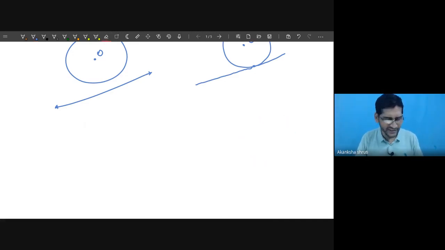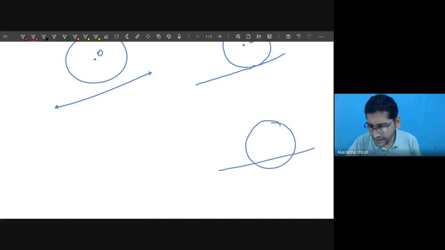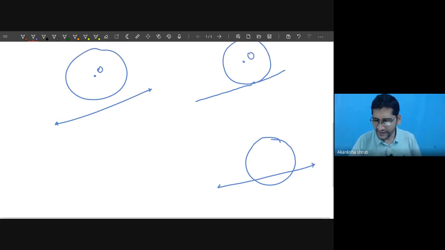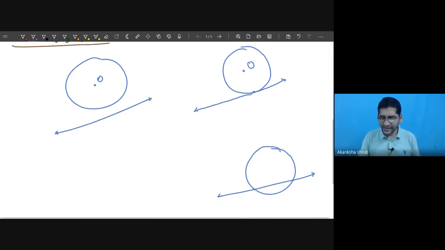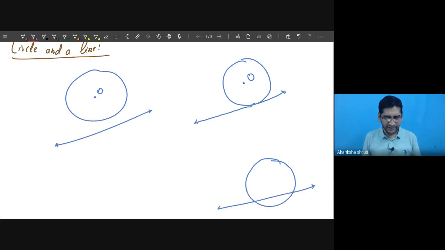Then what will be the maximum number of points where a line can touch a circle? It can be 2 only. If this is a circle and we consider a line, you can get that the line is touching at 2 distinct points. So only these are the 3 possibilities when we consider a circle in reference to a line.